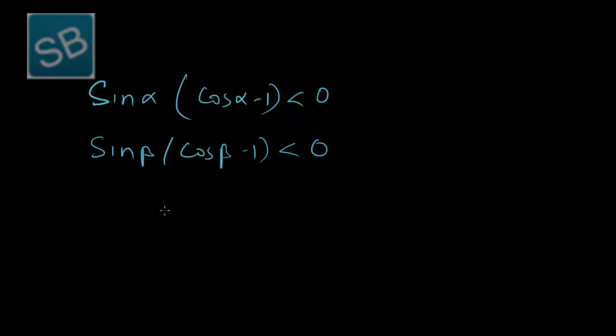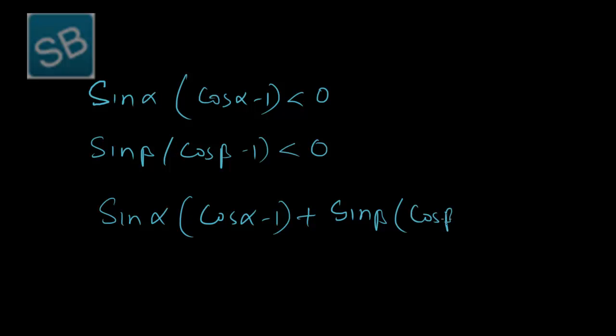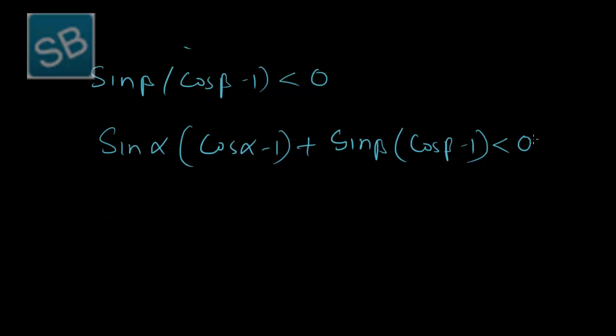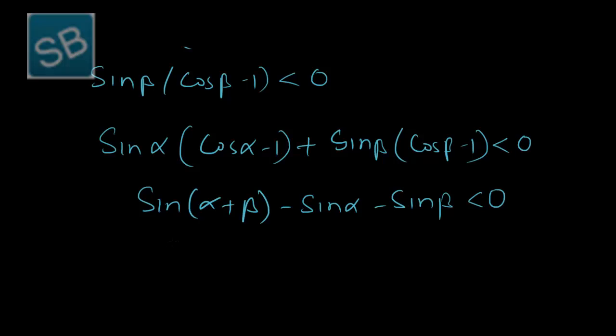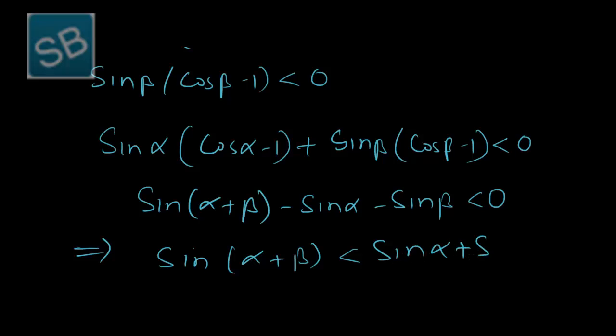As both quantities are less than 0, their sum will be sin alpha (cos alpha minus 1) plus sin beta (cos beta minus 1) less than 0. And this expression is equal to sin(alpha plus beta) minus sin alpha minus sin beta less than 0. That gives sin(alpha plus beta) less than sin alpha plus sin beta. So this is our result.